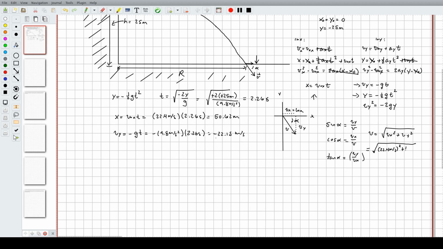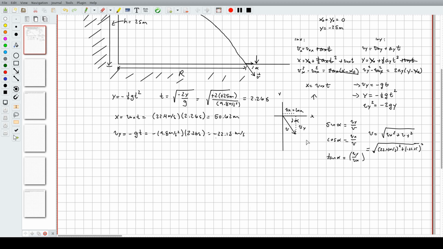Go to square that. And then add in the y velocity that we just found, which was minus 22.15. It looks a lot like it's going to be at about, well, I don't know, we'll see. I'm guessing the angle is going to be about 45 degrees, but we'll see.